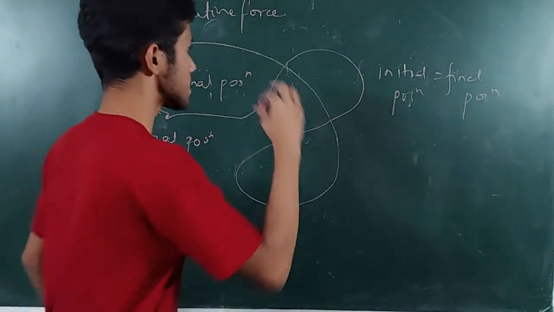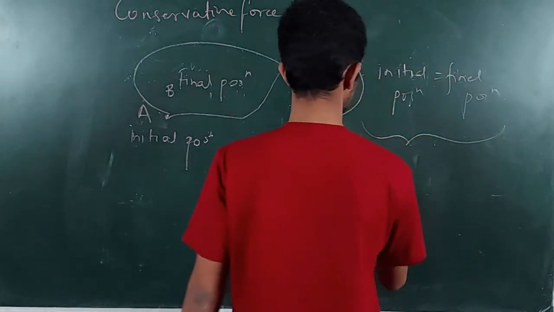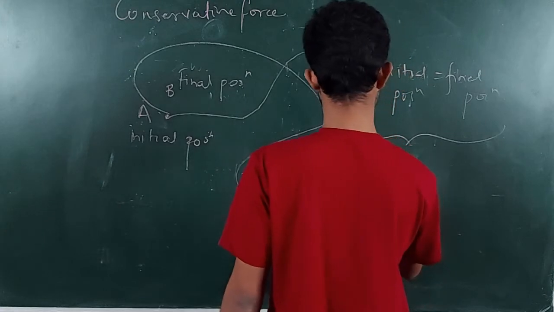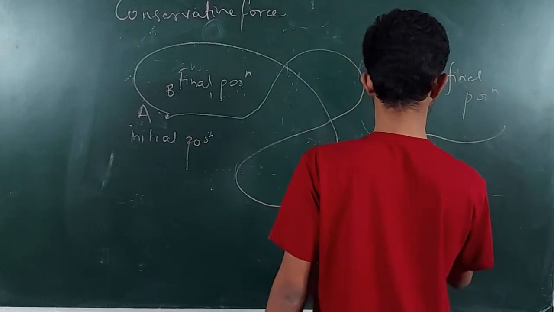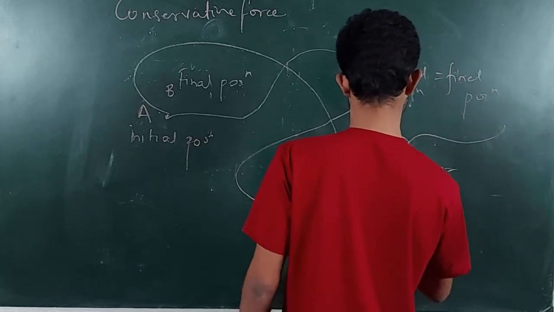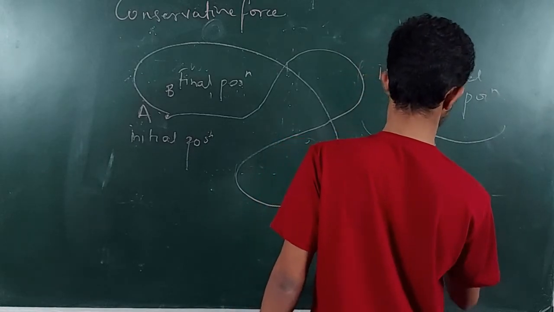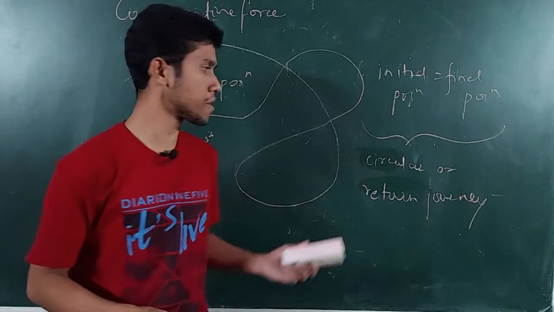So this type of path is called a circular or a return journey.